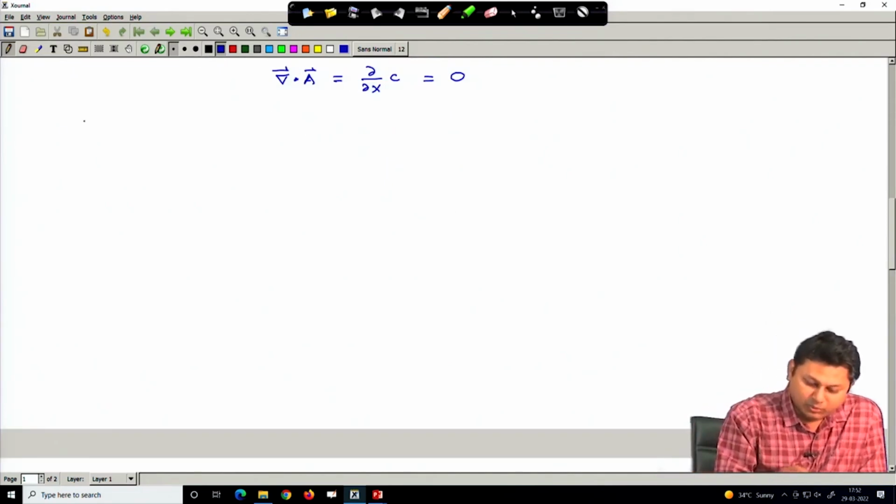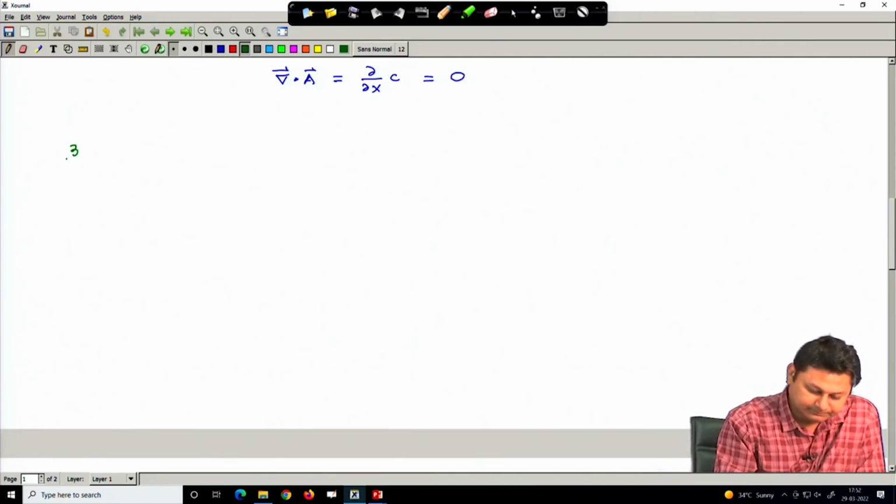What about a more well known vector field? The vector field I am giving now is A, which is x i plus y j plus z k. Now, this is a 3 dimensional vector field.